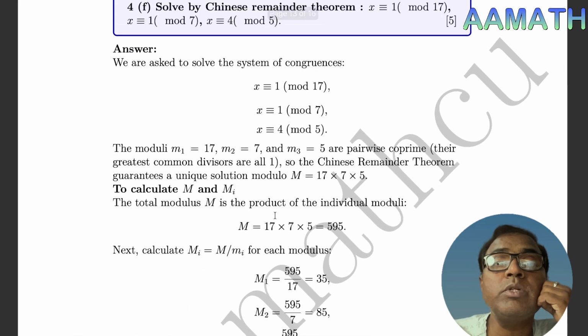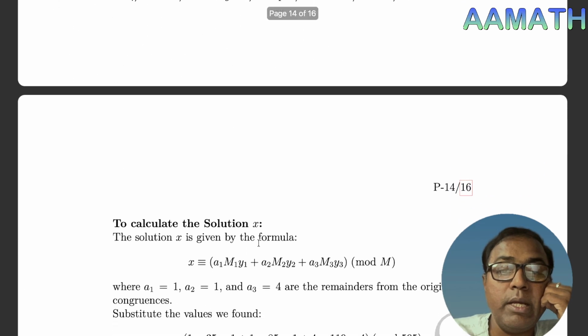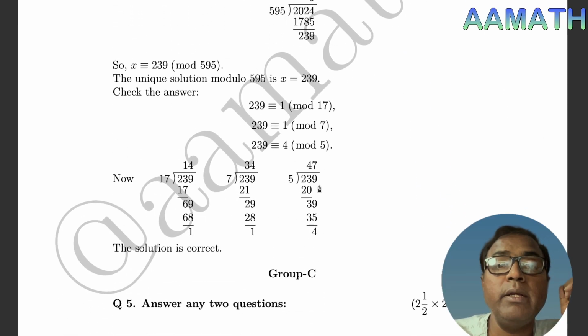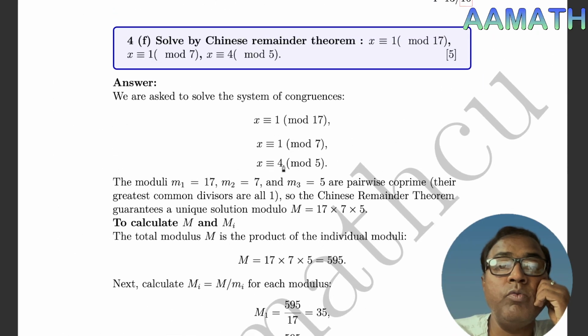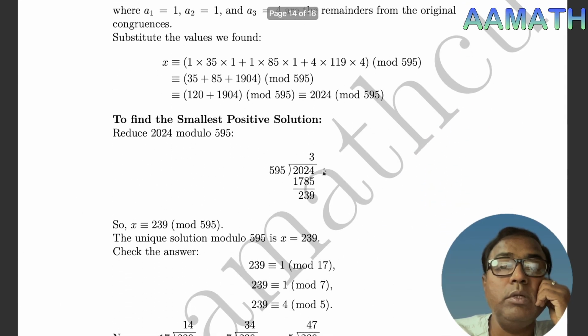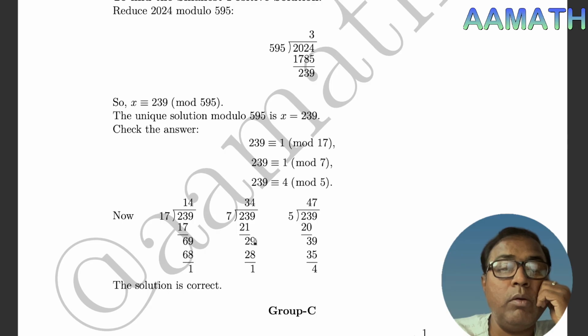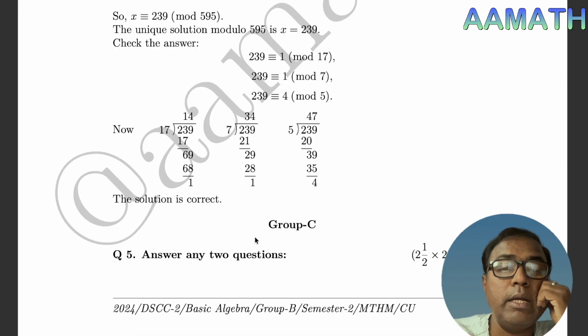And lastly, 239 divided by 5, the residue is 4, so x congruent to 4 modulo 5. So all the solutions are correct.